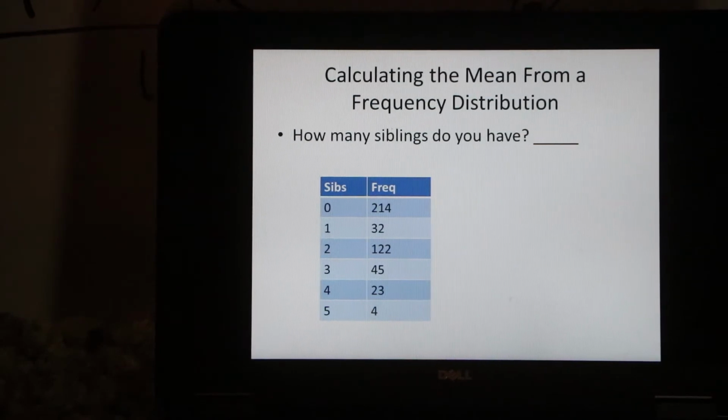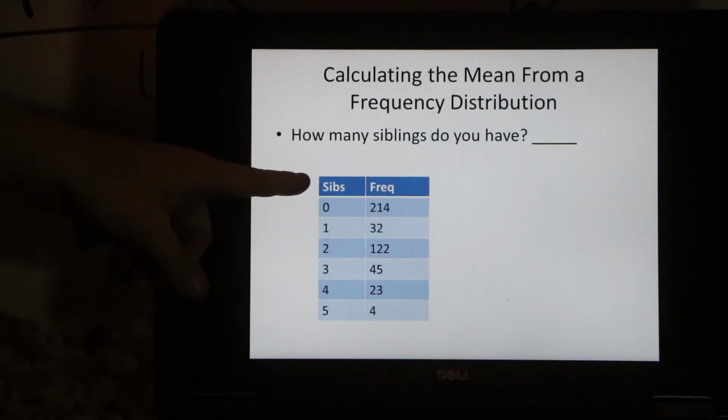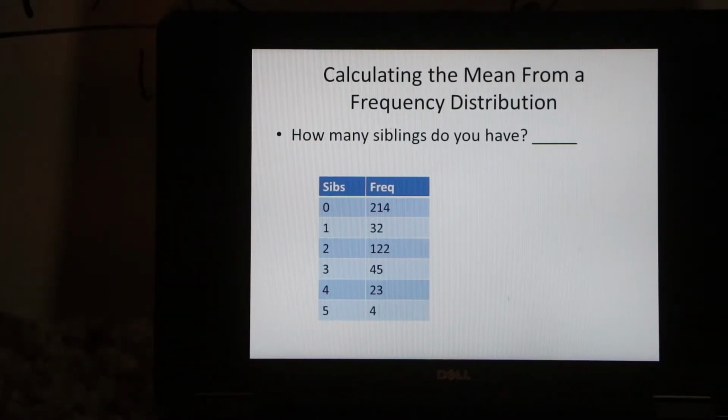So here's a frequency distribution to look at. This variable is number of siblings. That's the name of our variable. So the different values that are associated with it are anywhere from 0 to 5. So this is a basic frequency distribution.